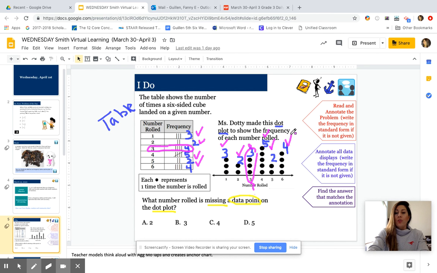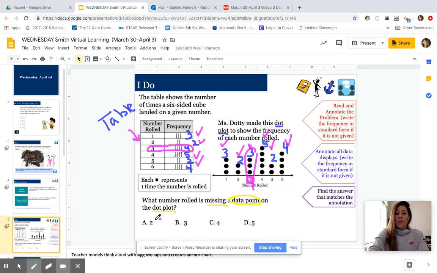That is also correct. So now that I have compared my tables, I'm going to see which data point on the dot plot is missing. My number 3 here is not the same as my frequency table, so I know that the number 3 is the one that's missing a data point.